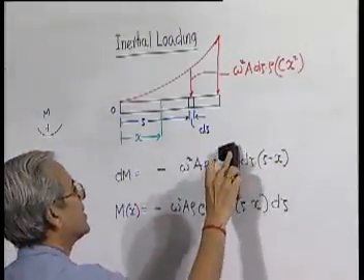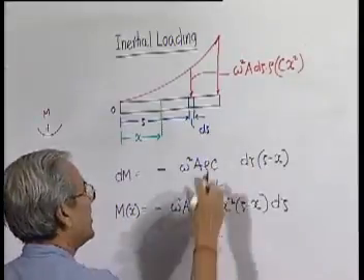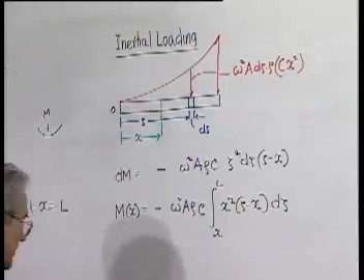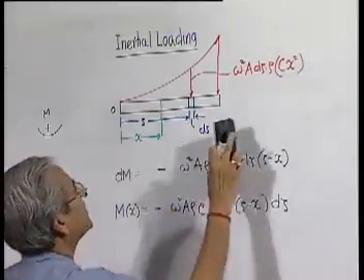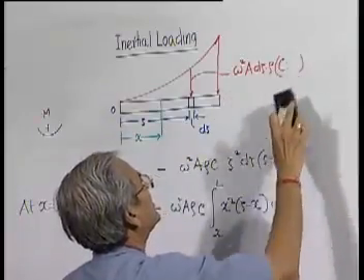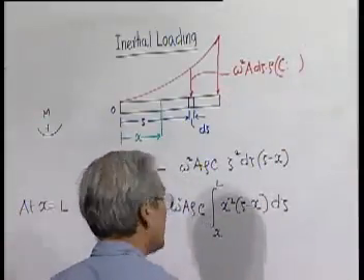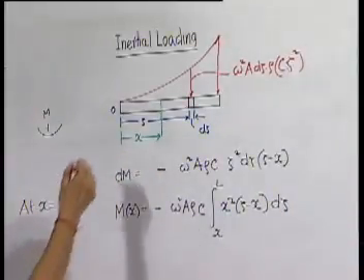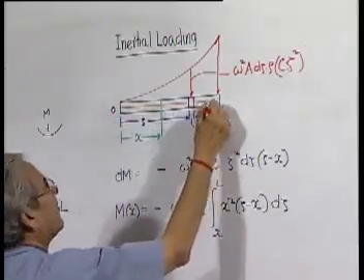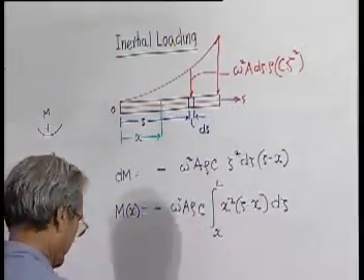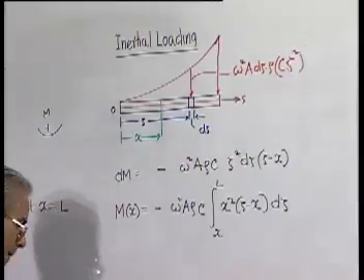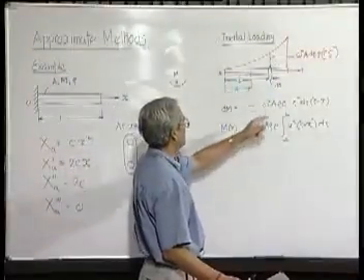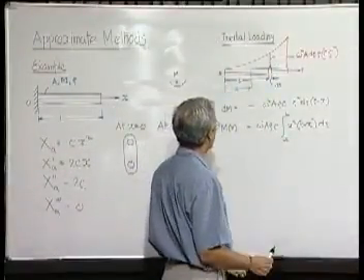We have taken the coordinate system as zeta. Zeta is the variable, not x. X is a parameter. At x, zeta is equal to x, what is the bending moment? We want to find out at this stage.